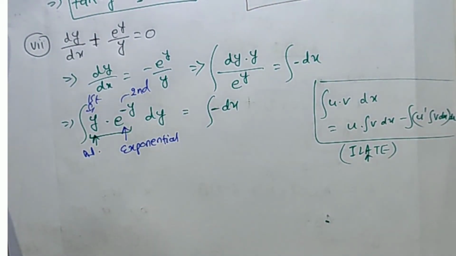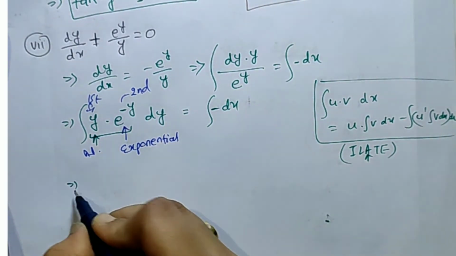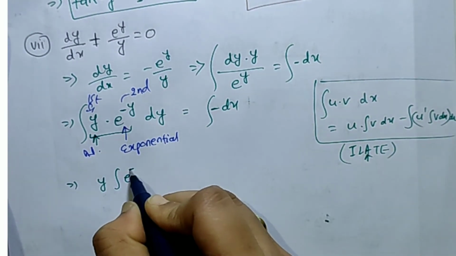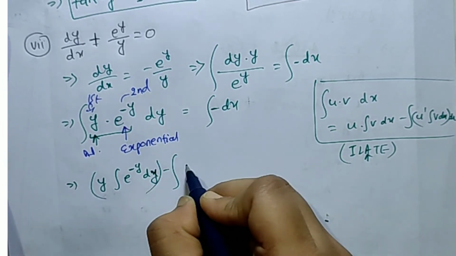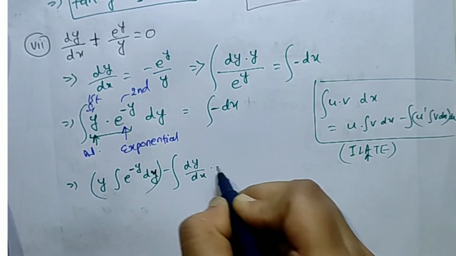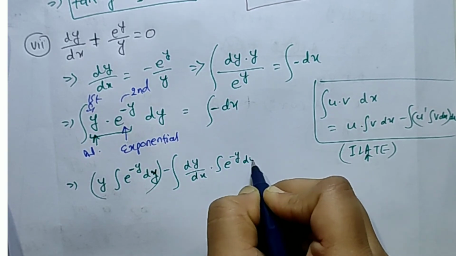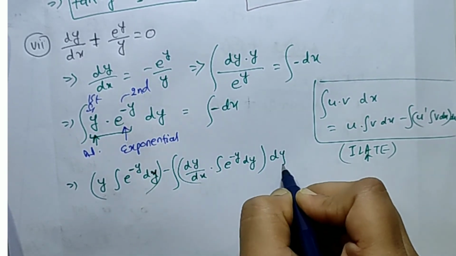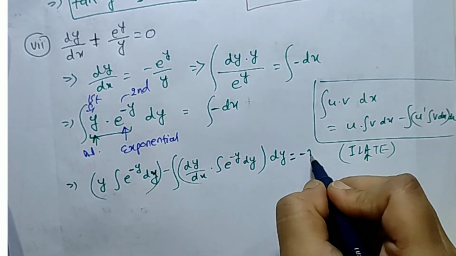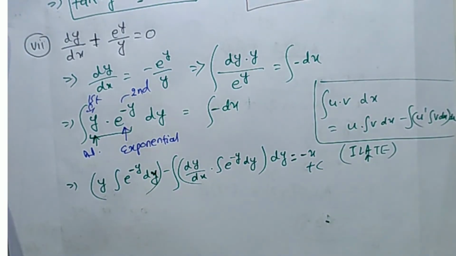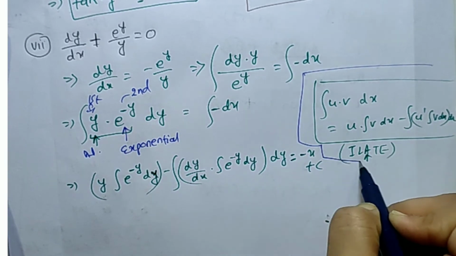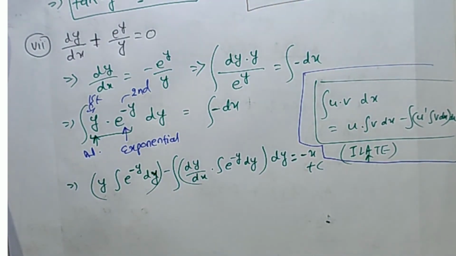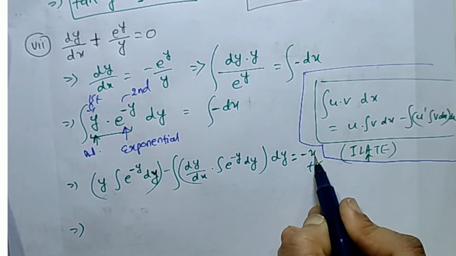What is the formula? First function times integration of second, minus integration of derivative of first function into integration of second, is equal to minus x plus c. Integration of dx will be minus x plus c.